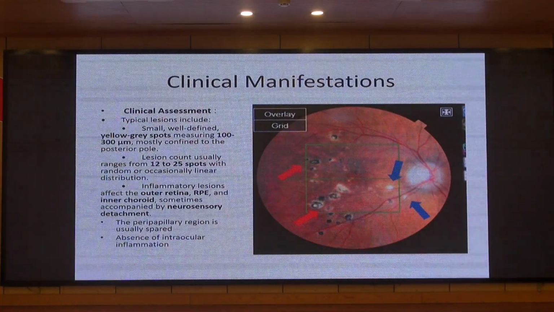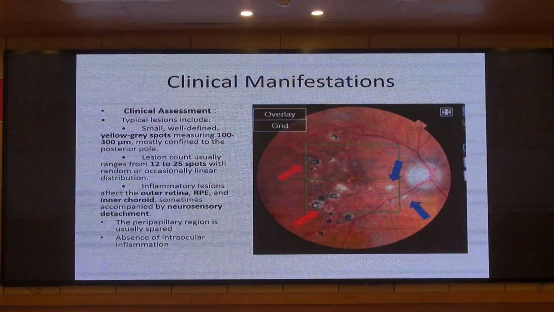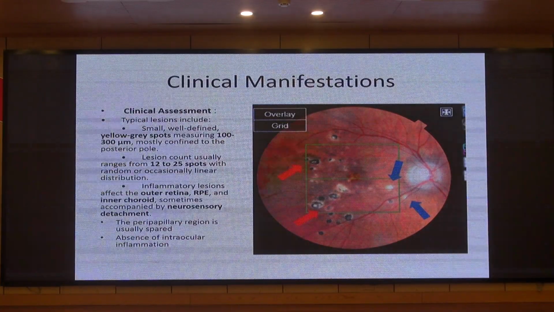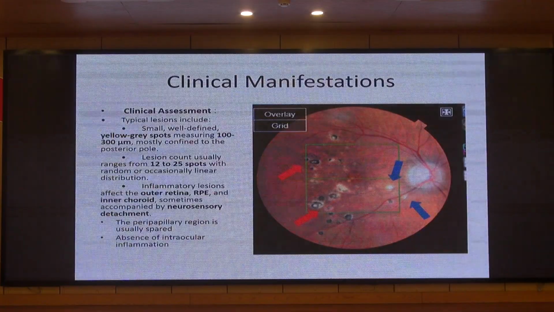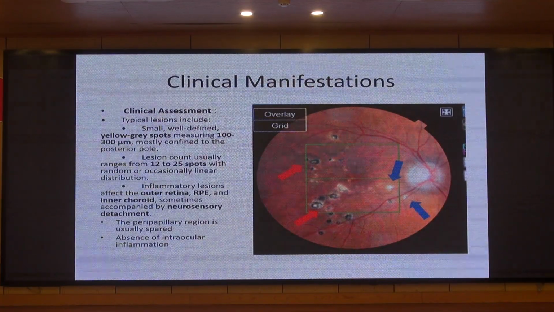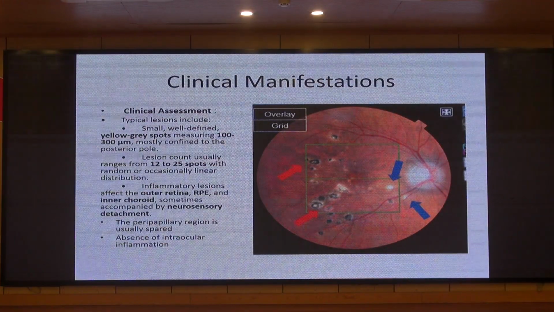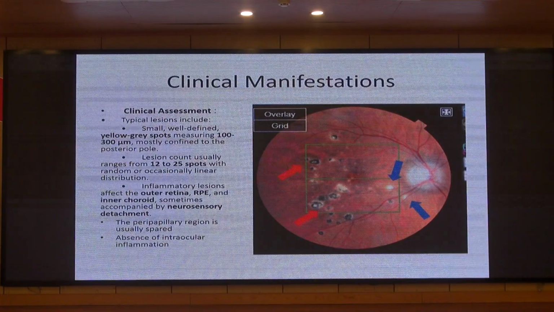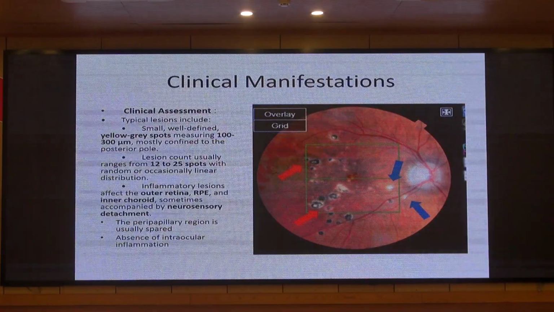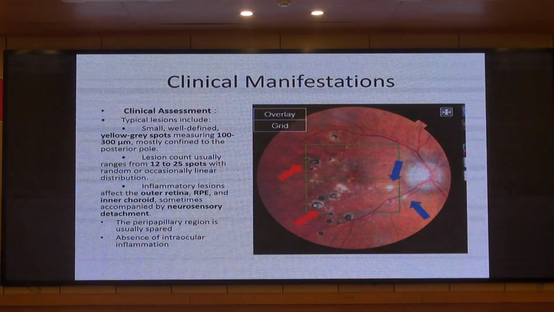Typical lesions include small, well-defined yellow spots measuring 100 to 300 micrometers, mostly confined to the posterior pole. The lesion count usually ranges from 12 to 25 spots with random or occasionally linear distribution. These inflammatory lesions affect the outer retina, RPE, and inner choroid, sometimes accompanied by neurosensory detachment.